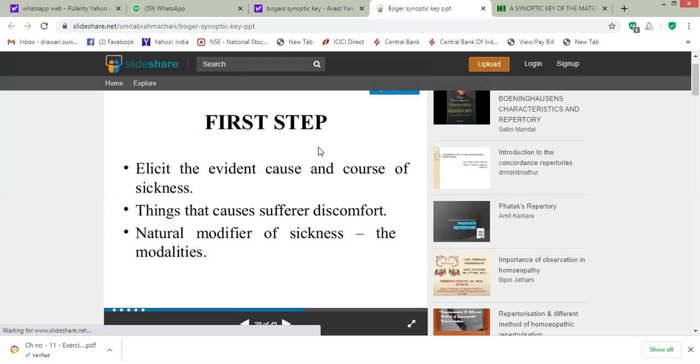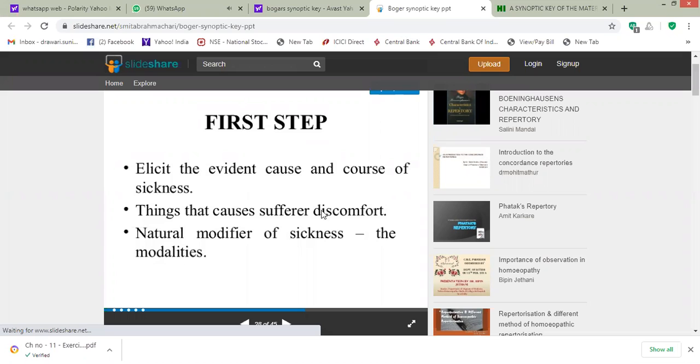That is, we have to find out the evident cause of the sickness, the course of the sickness, how the disease progressed till the present stage, which may be the causes, the modalities, the aggravating factors and ameliorating factors, which things make the patient more uncomfortable and which things make the patient better or comfortable.